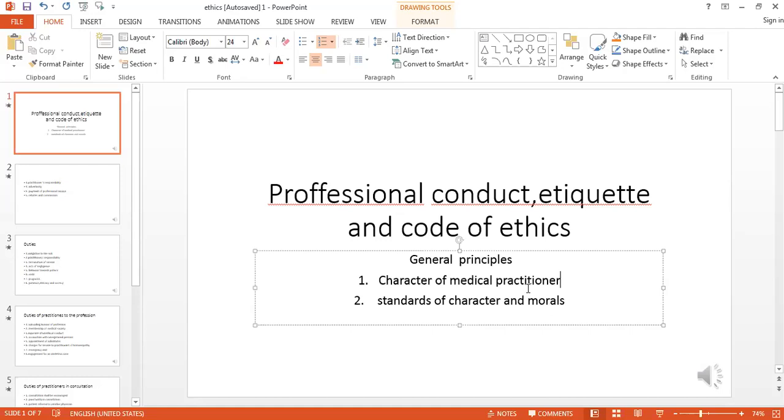Now we will take the first point, that is the general principles. What are the general principles that the physician should follow regarding his profession? First one is the character of the medical practitioner. This is the foremost important thing.